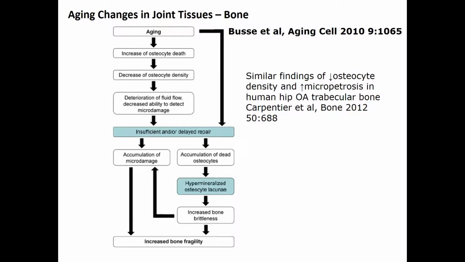So you have insufficient, delayed repair of bone, and this may be playing a role in these bone marrow lesions that we see in people with osteoarthritis. You see similar findings of decreased osteocyte density and micropetrosis, which is areas of increased bone and areas of bone loss, in OA bone as you do with aging.